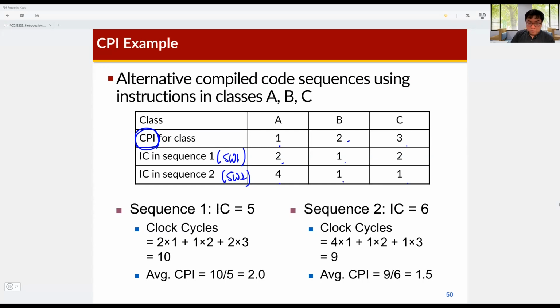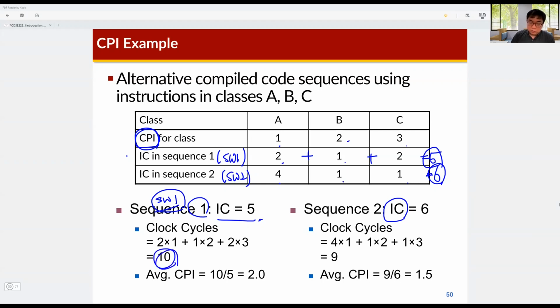So for sequence 1, the total instruction count is 5, right? 2 plus 1 plus 2. And for sequence 2, the instruction count is 6. Got it? Then how can we calculate the CPI for the different software? We can easily measure the clock cycles like this.